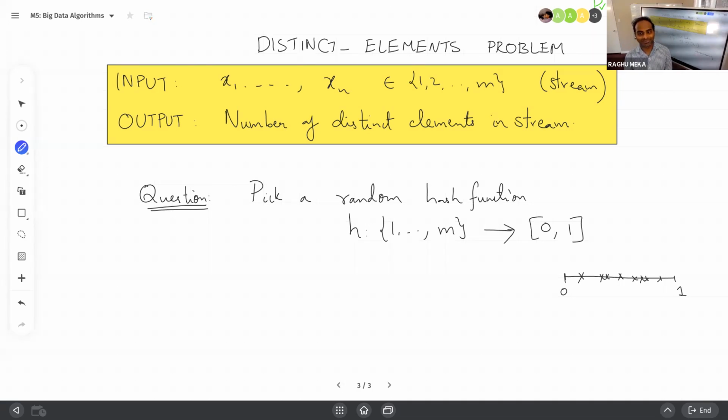Any guesses? If I throw one item, it can land anywhere on 0 to 1. If I throw two items, I expect one maybe on the left half and one on the right half. But what about the minimum? Come on, what do you expect the minimum to be?